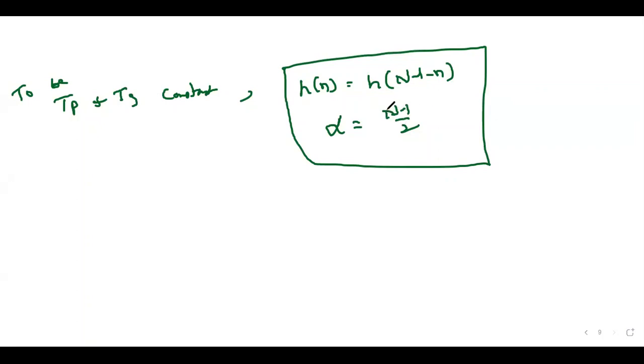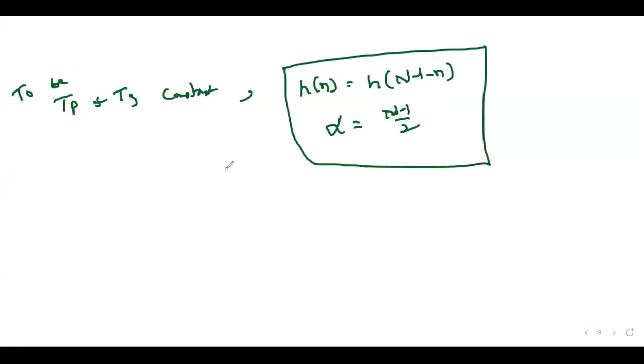That depends on the capital N value. Based on the N value, we can get two different kinds of impulse response. We can show two different types of impulse response based on the N value.